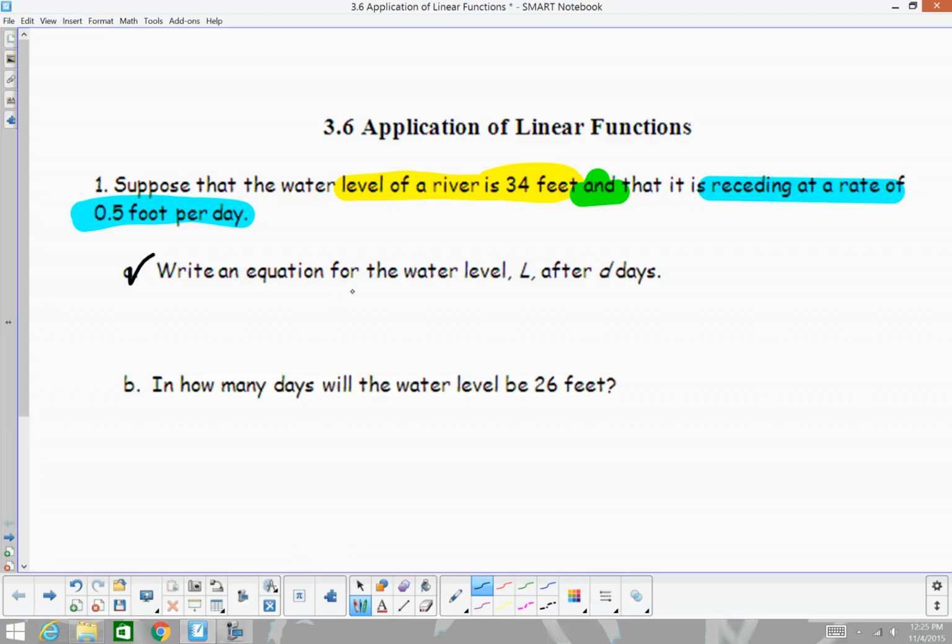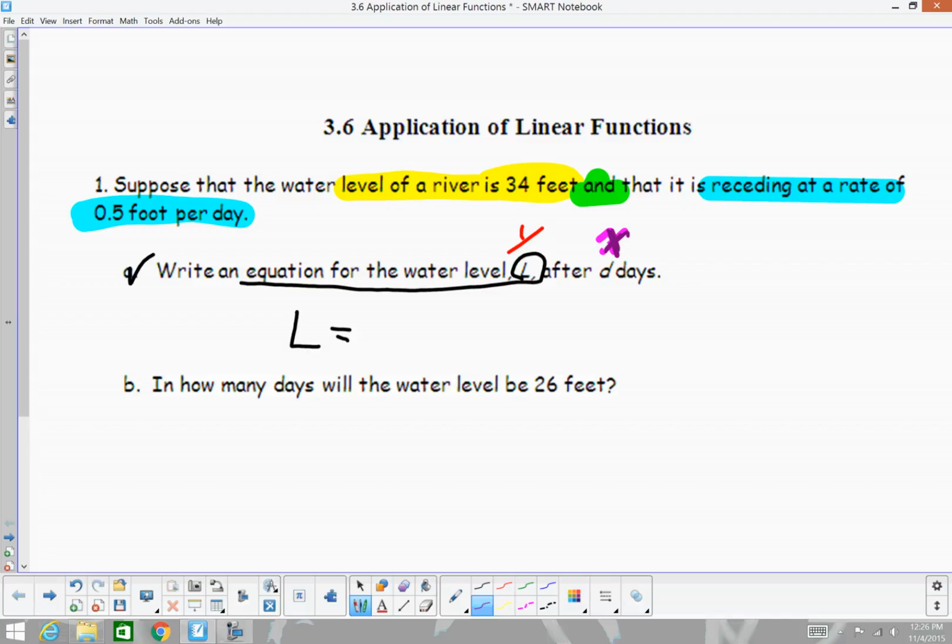So write an equation for the water level. It's asking for an equation that has L equals, because what does the level equal after the days change? L is the same thing as saying Y. D is the same thing as saying X, but in this case, I don't want to use X, I want to use D.